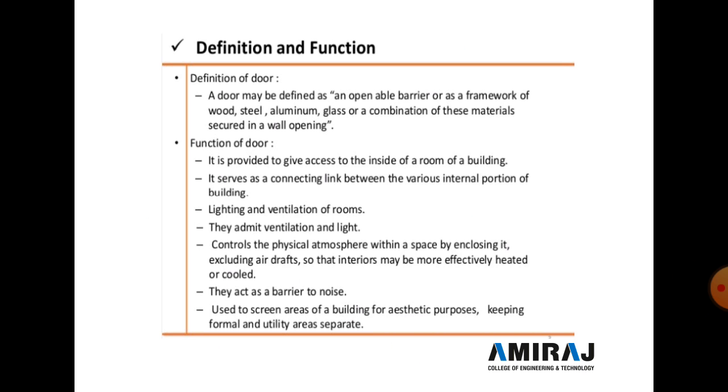What is a door? A door may be defined as an openable barrier, or as a framework of wood, steel, aluminum, glass, or a combination of these materials secured in a wall opening. So a door is one type of shutter provided in an opening area for closing and opening purposes.